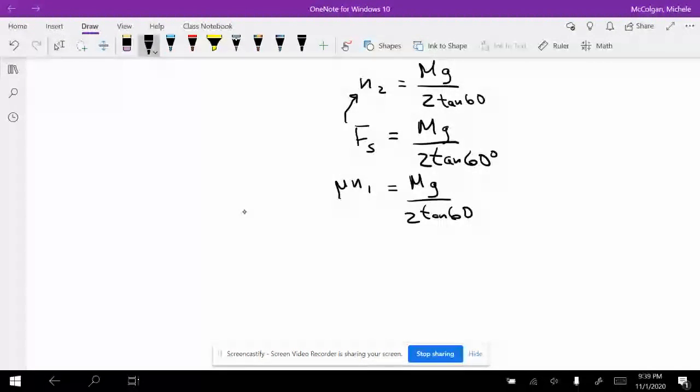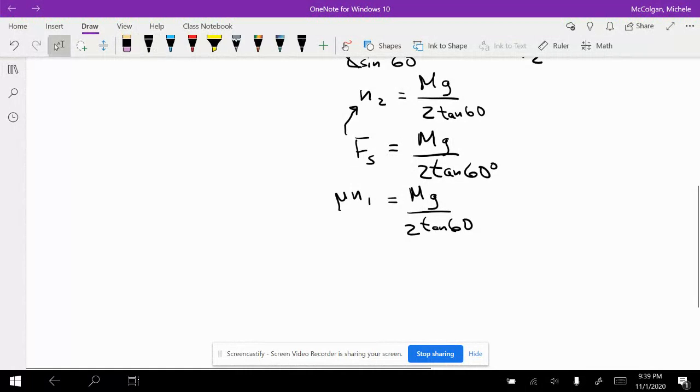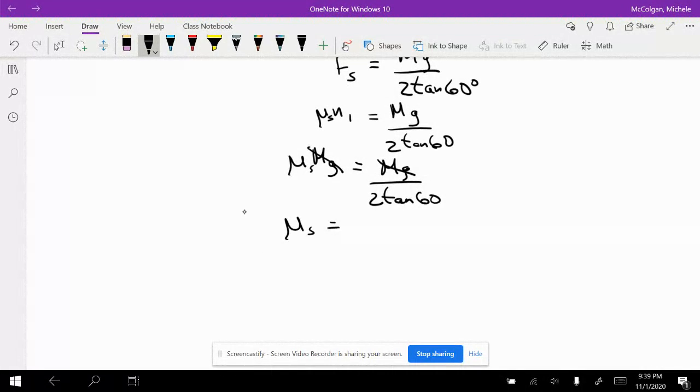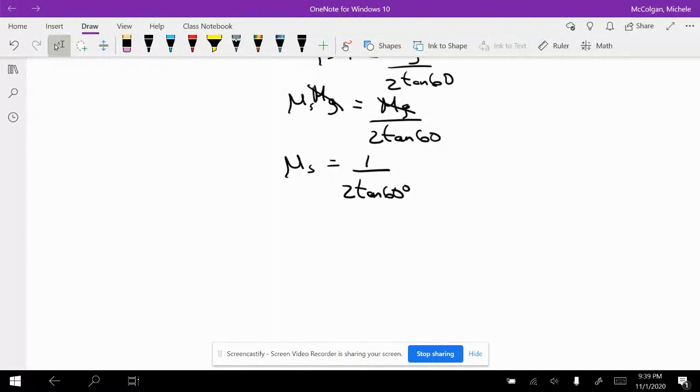My N1, looking back up here, is equal to mg. So I'm going to have mu s times mg is equal to mg over 2 tan 60. I can cancel these out, and I'm left with mu s is equal to 1 over 2 tan of 60 degrees. So mu s is going to equal 0.29. That's the minimum value for the coefficient of static friction, so that the ladder doesn't slip.